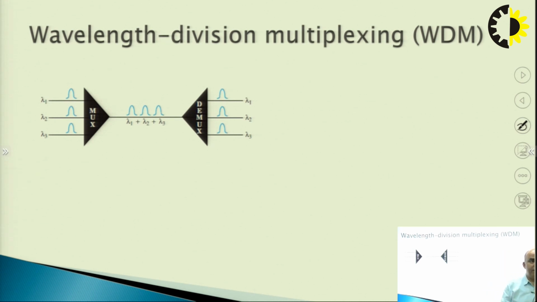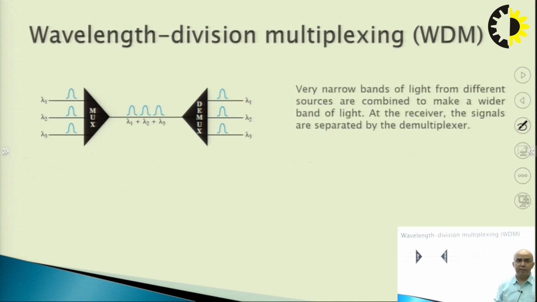When they are combined together using multiplexing and transmitted using the single link, they are sent to the receiver end, where the receiver end will demultiplex it and send it to the intended users.